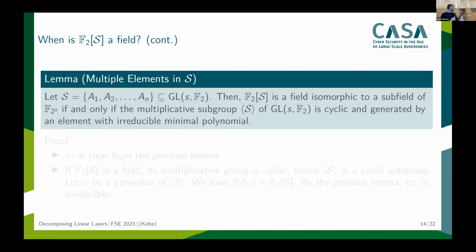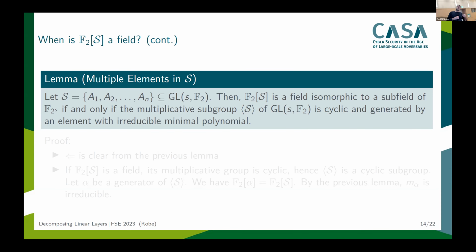Now I have not only one matrix but many matrices, all these blocks, and I still want to know the same question: is this a field, can I represent this as a field or not? So what I have to do now is not only check something about irreducible polynomials, but we also have to check if these matrices fit together. That's the main point.